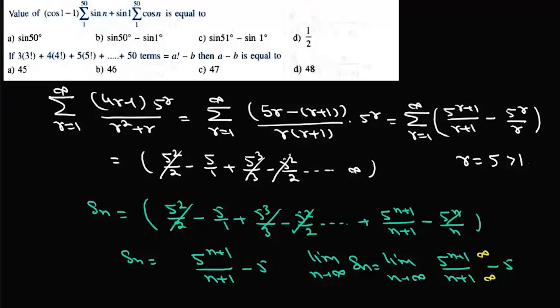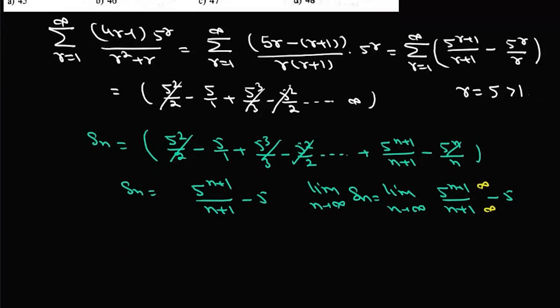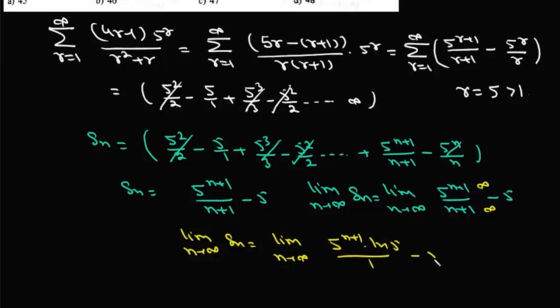So we can write this limit n tends to infinite Sn, it will be this limit n tends to infinite 5 to the power n plus 1 ln 5 upon 1 minus 5. Now 5 to the power infinite is infinite. So this series doesn't converge.